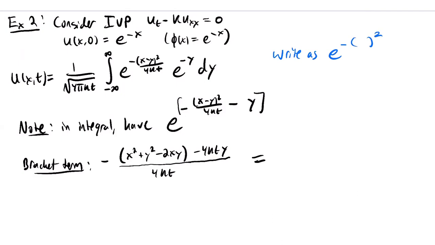Because the idea is to hope to write this as e to the minus something squared times something else, which is independent of the integration variable, so independent of y, for example. Because we know that if we integrate e to the minus something squared, we have this formula for the integral of the Gaussian, which we derived in the first homework set, which just tells us what the integral should be equal to. And then maybe we'll have this other term, which could depend on x and t, which we'll just factor out of the integral. And so we'll be able to arrive at a solution. And so that's the motivation for this calculation.